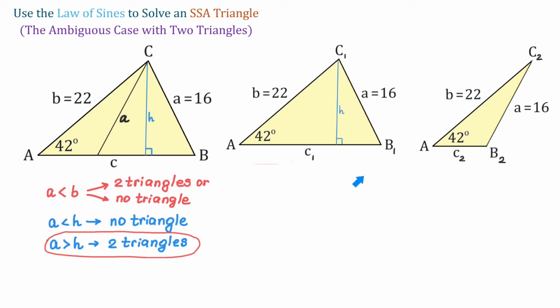In the first triangle, B sub 1 is an acute angle, but in the second one, B sub 2 is an obtuse angle. Also, in the first figure, because this side is the same as this side, then here we have an isosceles triangle. This makes angle B equal to this angle. Then this angle is the angle B sub 2 in the second triangle.